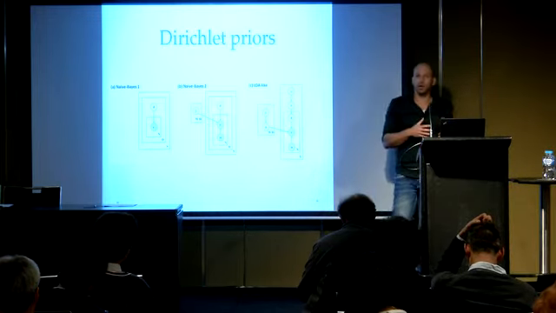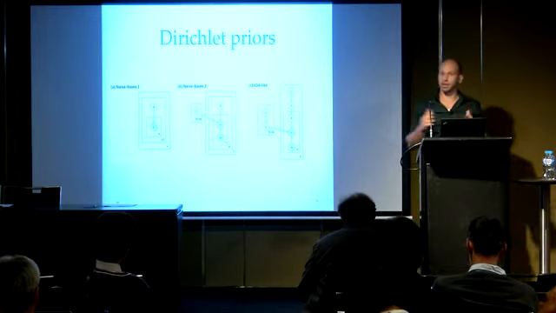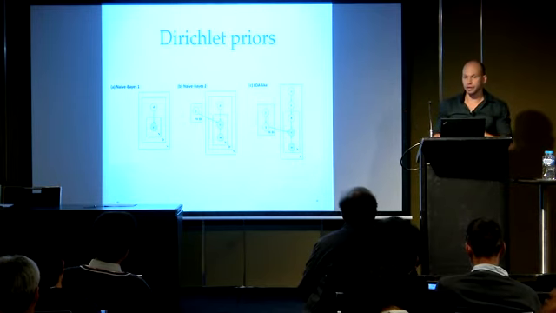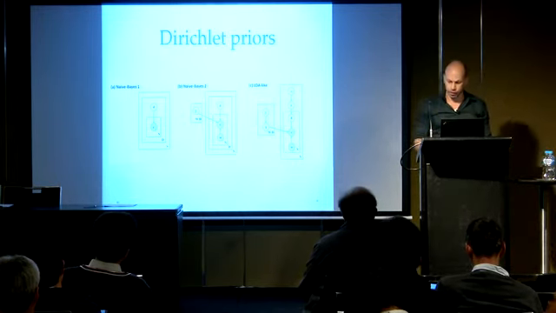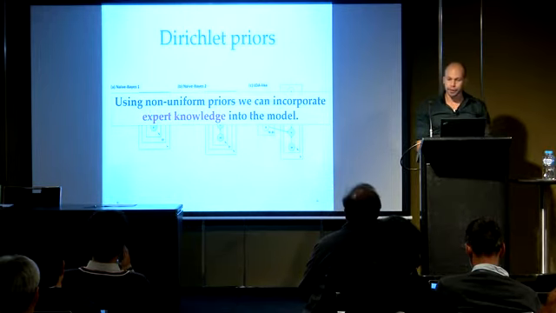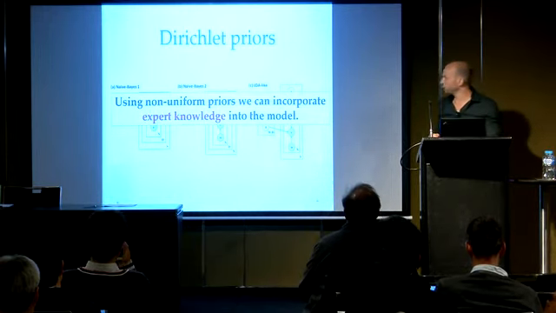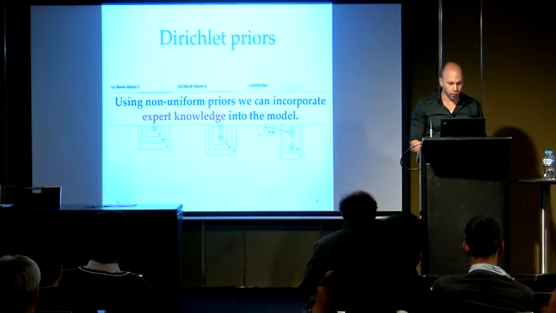For example, we know for each dyslexia what the most typical errors are, and we can provide this knowledge to the models through the priors. So using non-uniform priors, we can incorporate expert knowledge into the model.